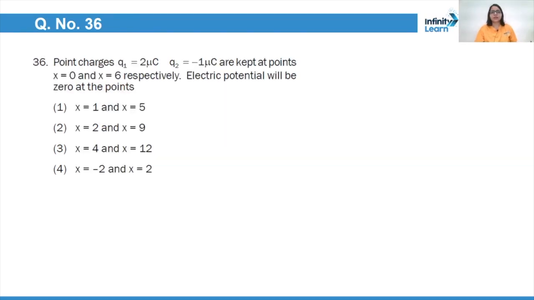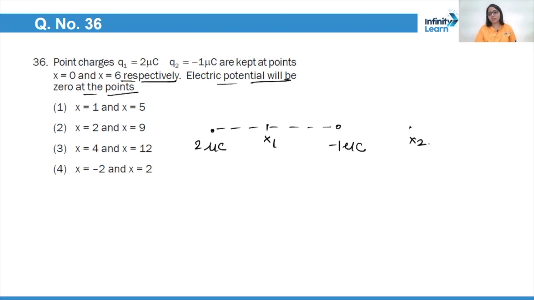Question number 36. Two point charges Q1 and Q2 are kept at points x = 0 and 6 respectively. Electric potential will be 0 at the points. So we have 2 microcoulomb over here, minus 1 microcoulomb over here. And let's say this is position X1 and this is position X2 at which the value of potential is 0. So for the first case, this complete distance is 6. This is X1. So this is 6 minus X1.